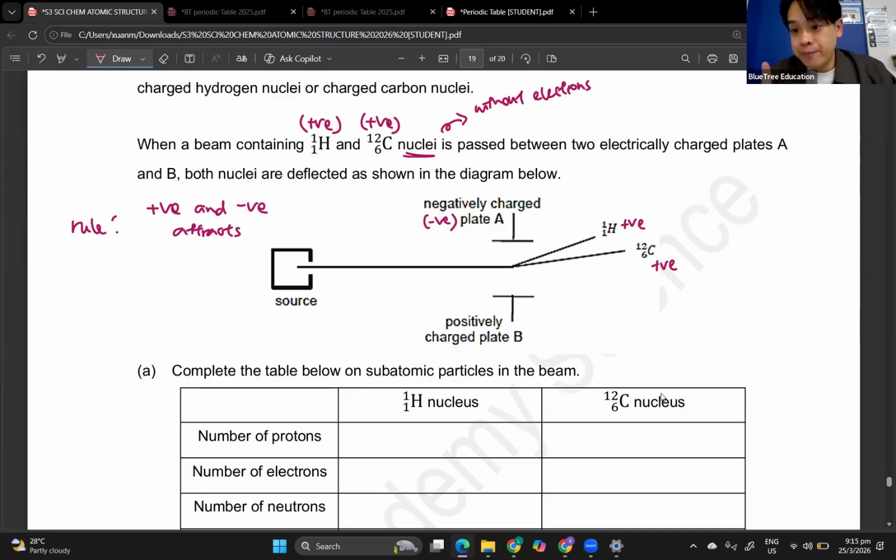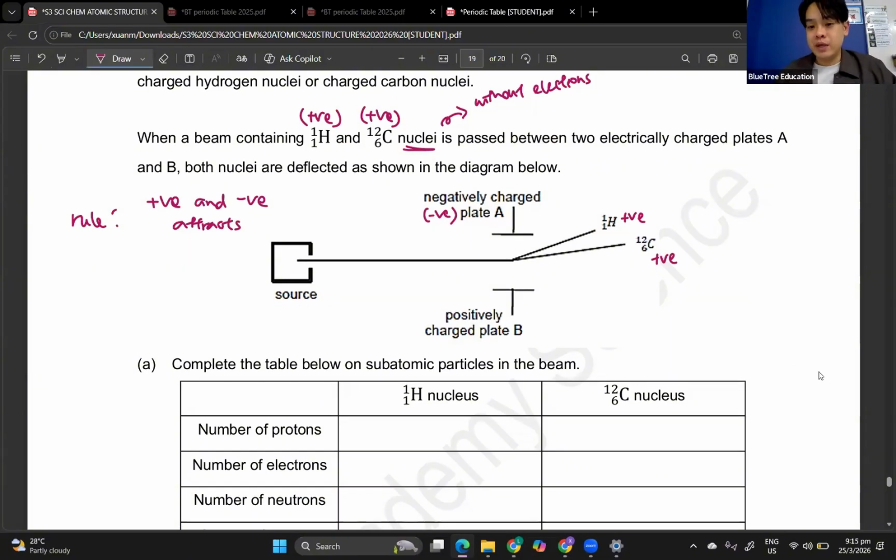Since hydrogen and carbon here both are positive, by right they should get attracted to the negatively charged plate. However, take a look: who got attracted more? Hydrogen got attracted more. Why? Because if you compare them side by side, H is lighter, so it got attracted more, so it bent more.